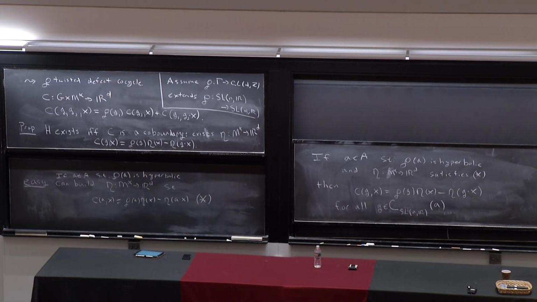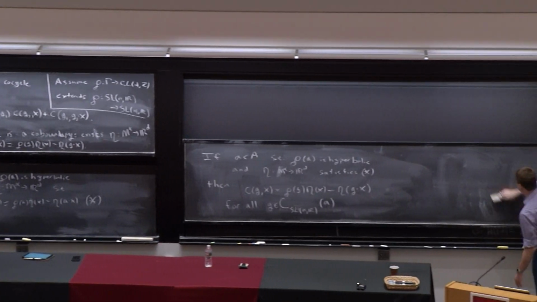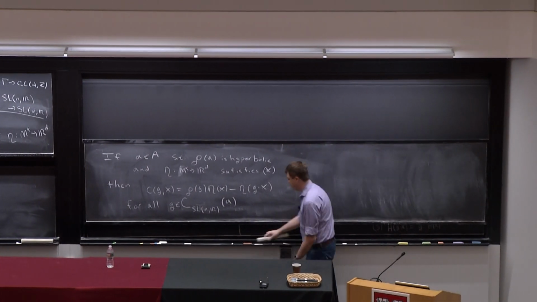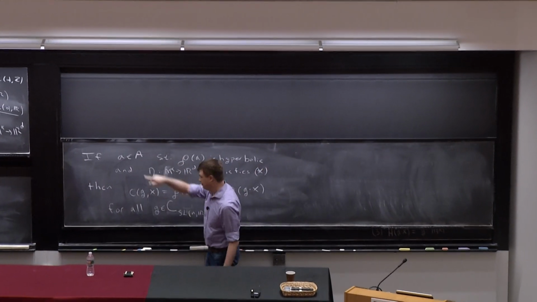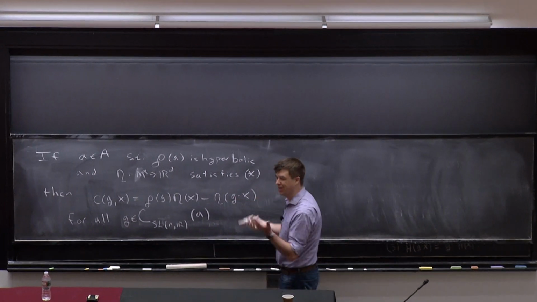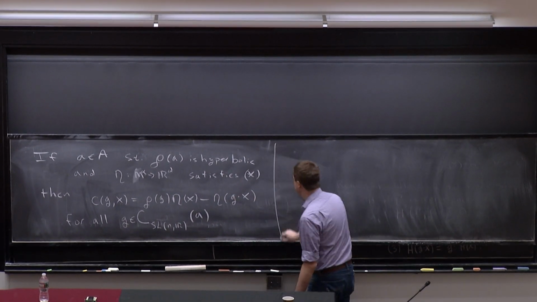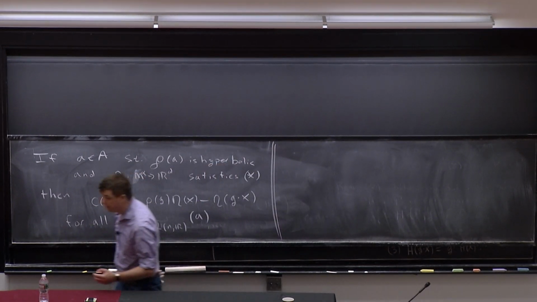OK, so we're able to solve the cocycle equation on a bigger group, which is the centralizer of some R-diagonalizable element. But this is still not all of G. Centralizers are pretty small. So what's the idea to actually solve this on the whole group?